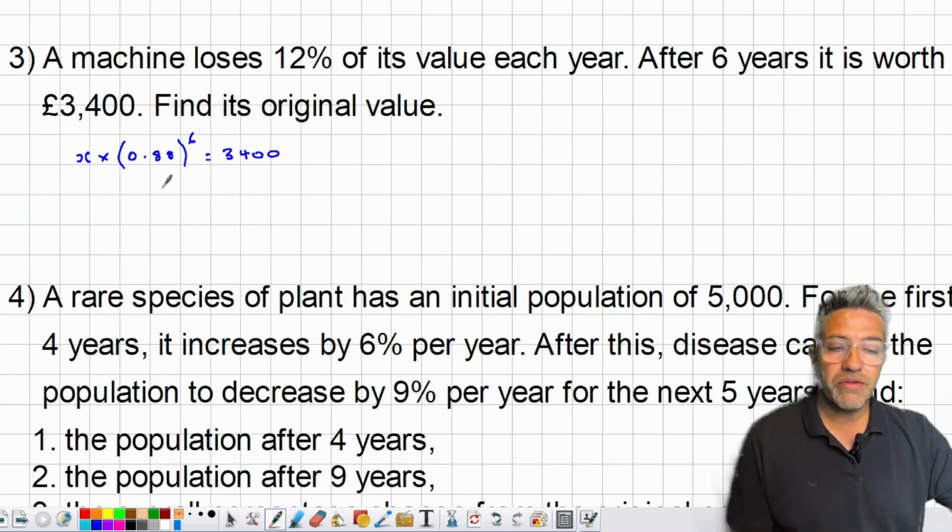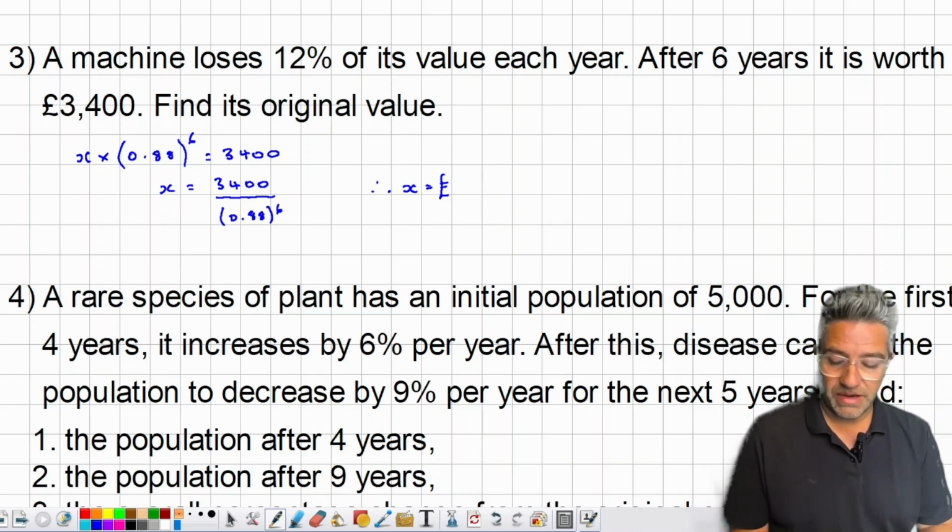So to work out the original value, x, we need to do 3,400 divided by 0.88 to the power 6. Therefore, x equals, and I'll just get my units ready for the final answer.